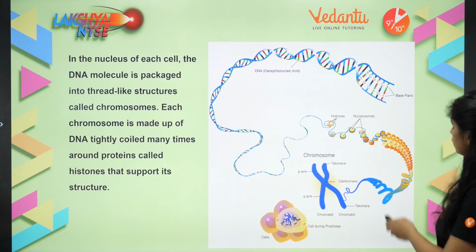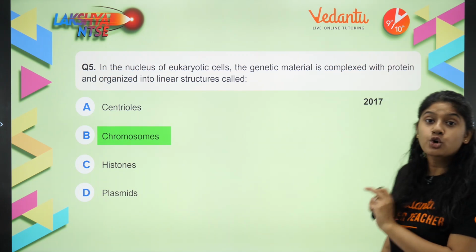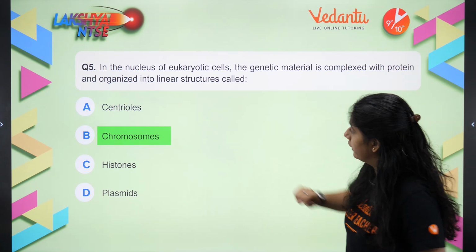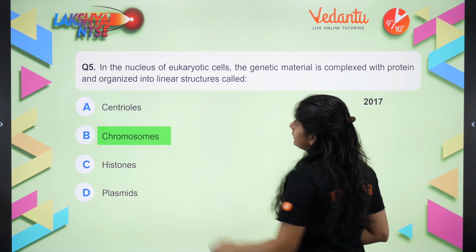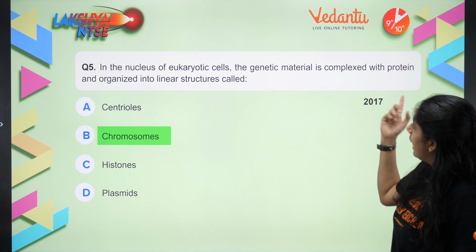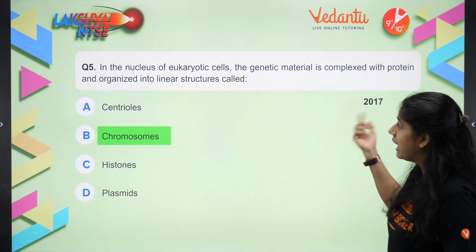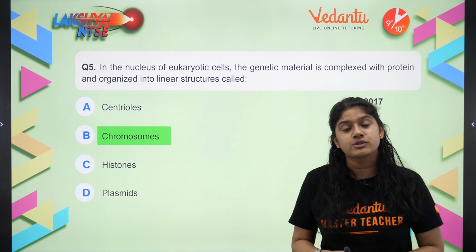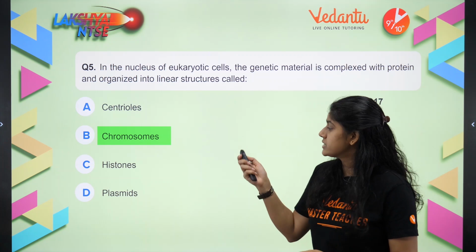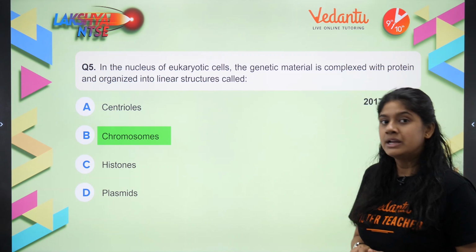So the answer to this question will be chromosome. Chromosome is the one in the nucleus, that is, in the eukaryotic cells. Of course, they are the genetic material and they are organized into the linear structure. The answer is chromosome. Clear?